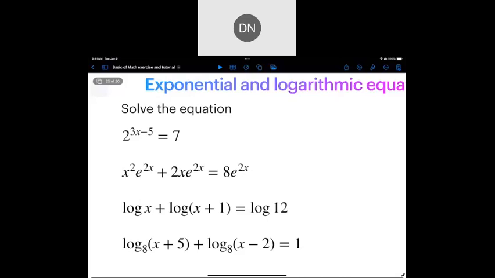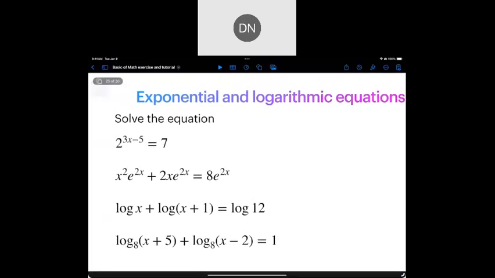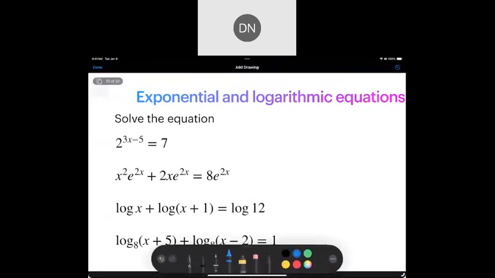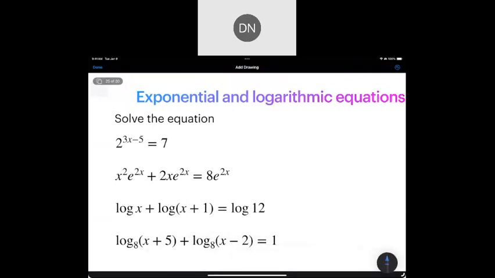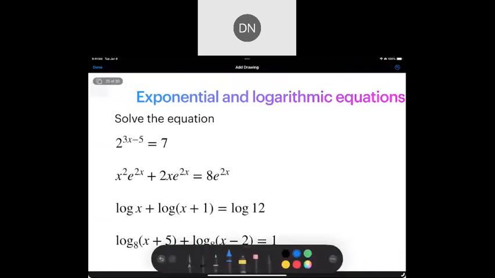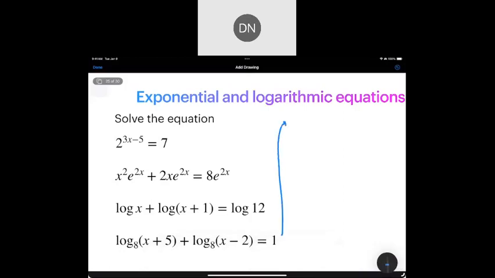Is that correct? Okay, let me just process what you've done. So I think pretty similar, right? Let me write here. So log with base 8. So you multiply this, right?